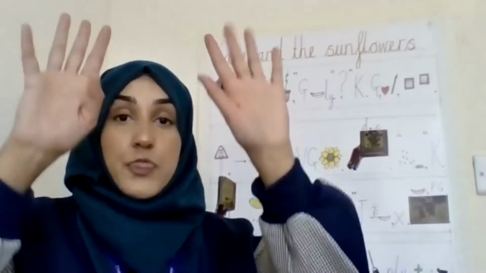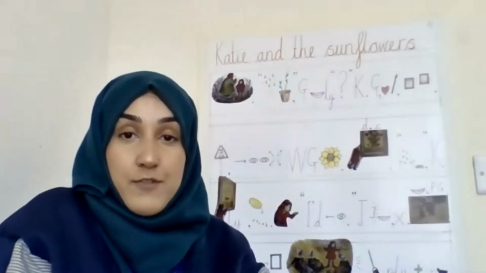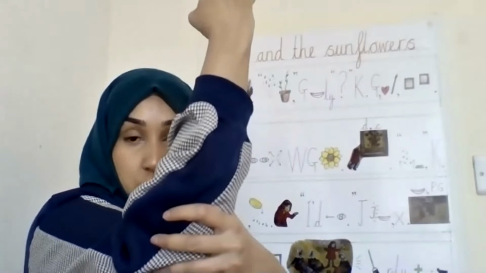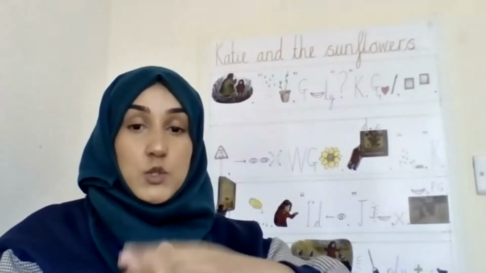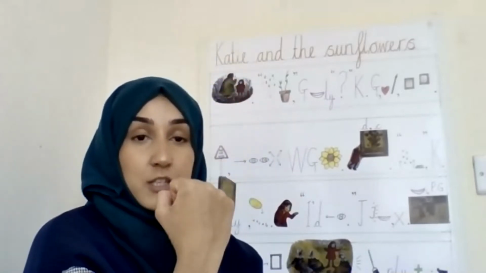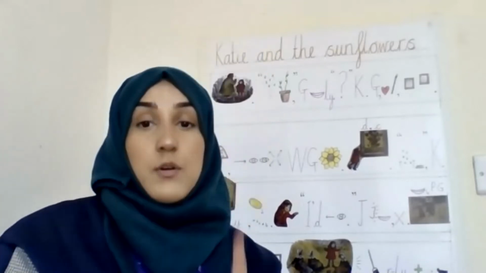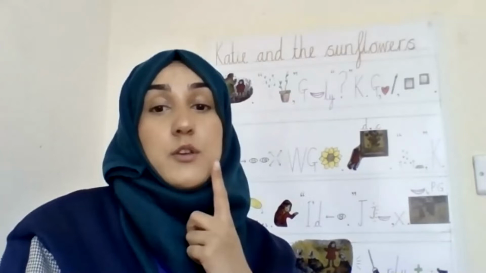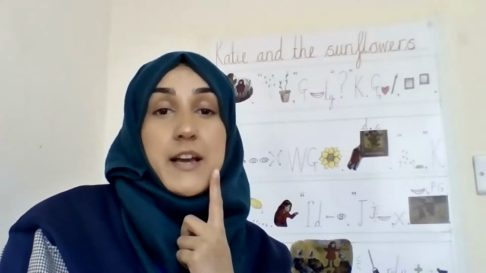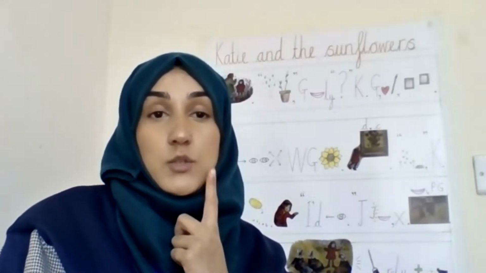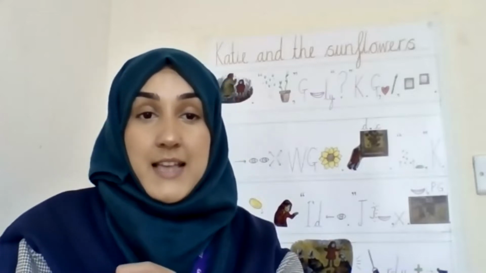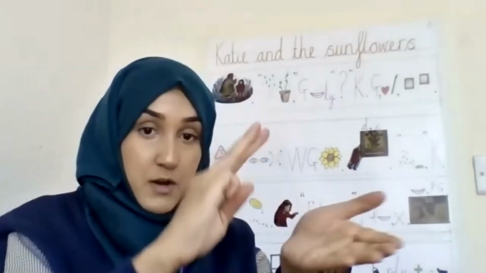Okay, so now let's try it with the actions. The rain will make everything grow. So pretend this is the soil and this is your arm and it's a shoot coming out of the soil. Grow. Now, said, so you're going to put your finger on your chin and you're going to do a diagonal, just like we did in the tally charts where you do a diagonal line. Said Grandma.